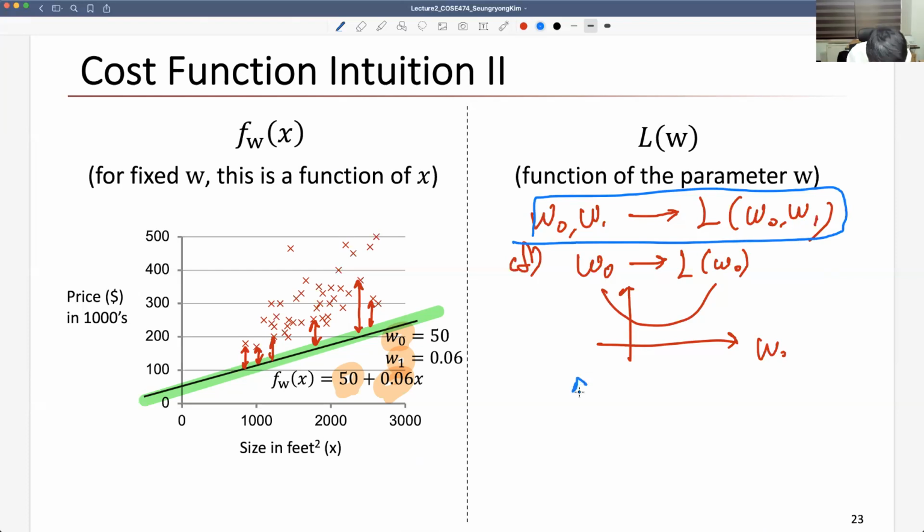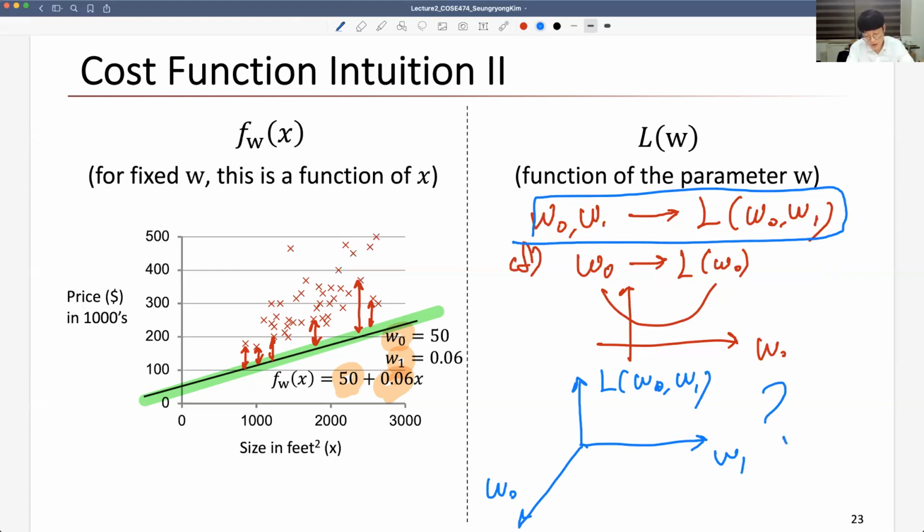In this case, it should be W0, W1, and L(W0, W1), right? Then how can I represent this cost curve in 3D space? Actually, it's really hard to draw it, right? Then how can I represent this one?